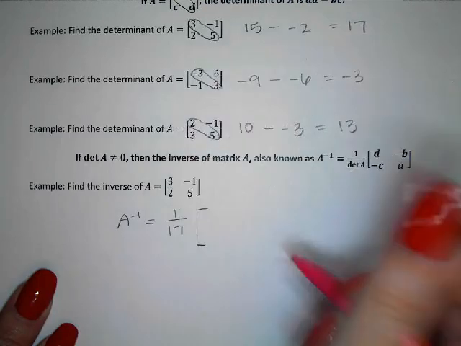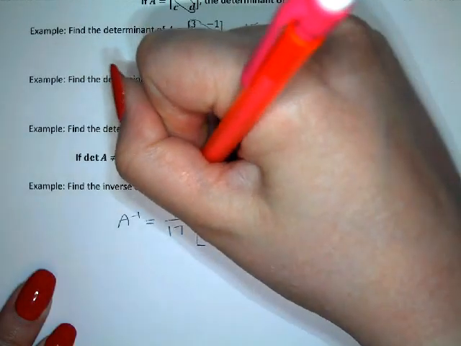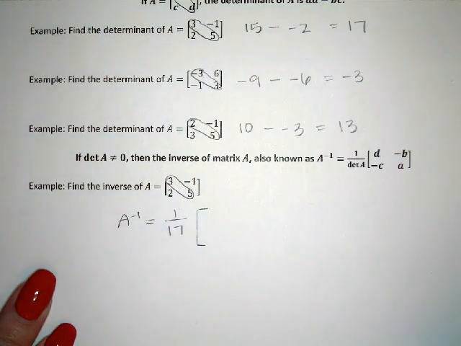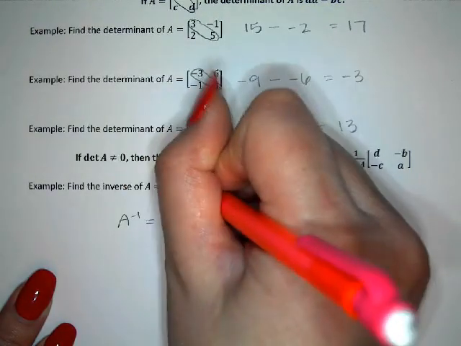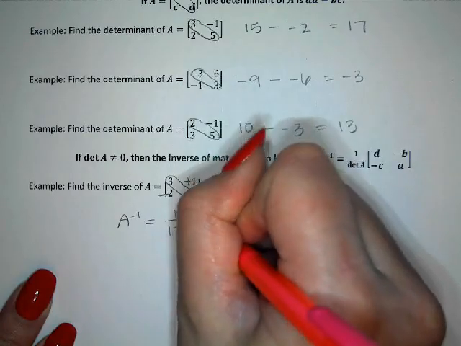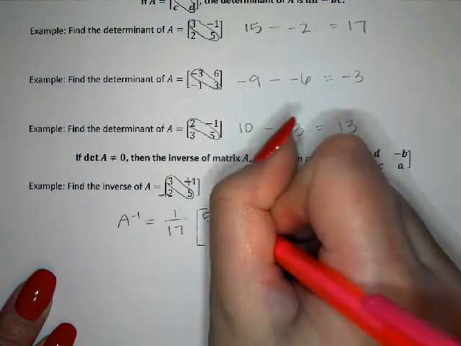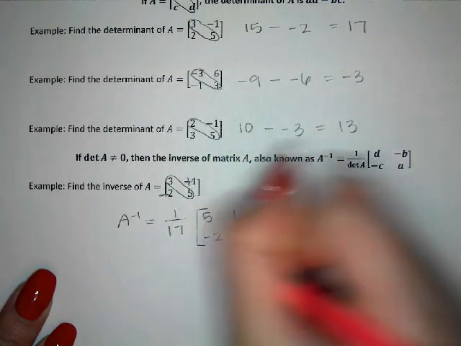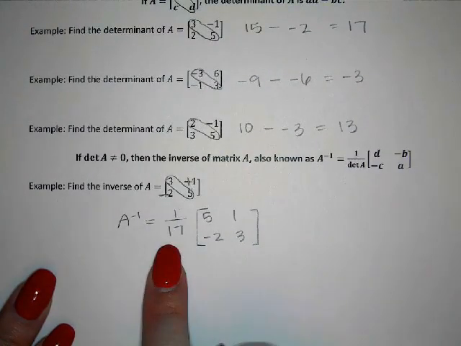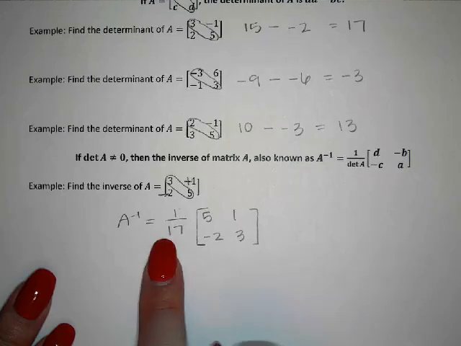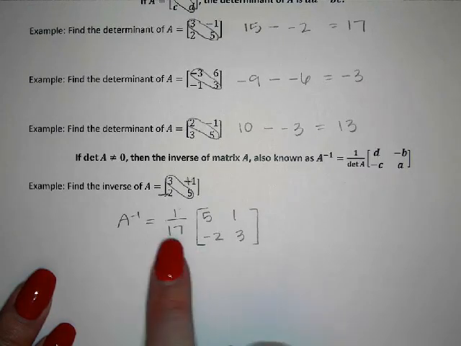a and d switch places. b and c switch signs. So 5, 3, +1, -2. And this 1 over determinant is just a scalar for scalar multiplication. And so I can go ahead and multiply by each of those numbers in there.